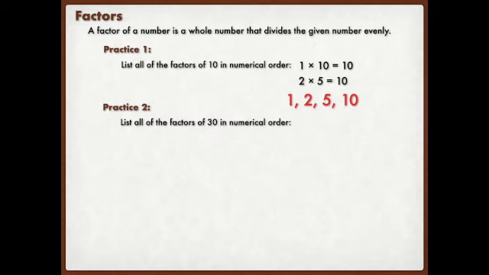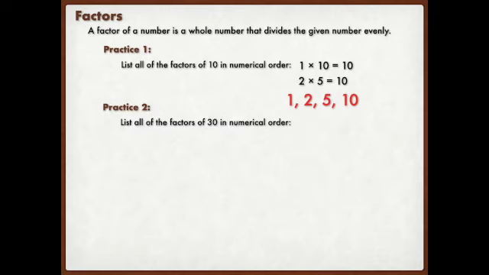What about 4? We'd have to do a little thinking about that, and no, not 4. What about 5? Yes, 5 times 6. Oh, 5 and 6 are numbers right next to each other. There would be no number between them, so those would probably be all our numbers.